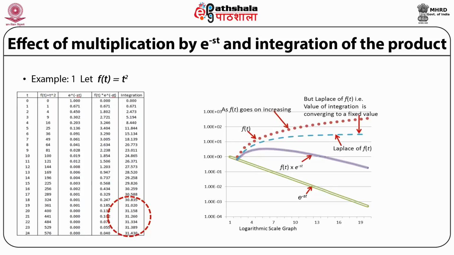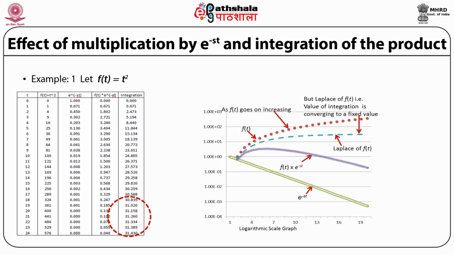We are going to see graphically more how it is different. What I have done is, on the graph, I have made the y-axis in logarithmic scale so that you can see. Otherwise, it's not very clear. Now we are seeing a violet line. What is that? That is f of t into e power minus st. How does e power minus st look like?